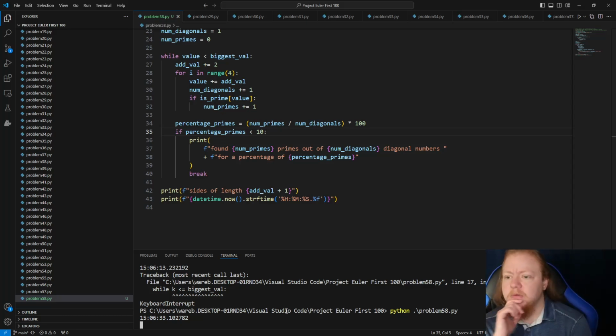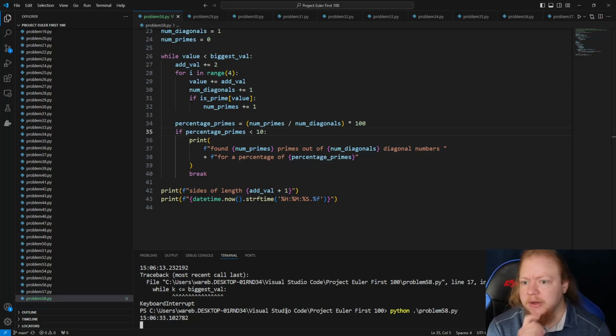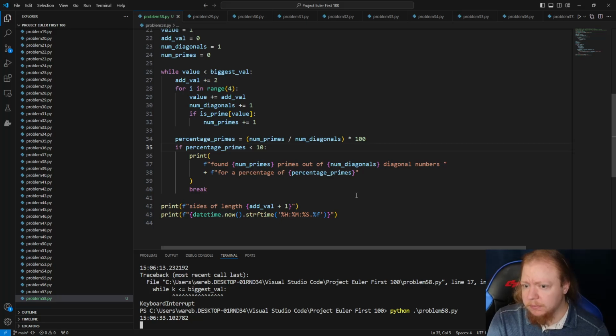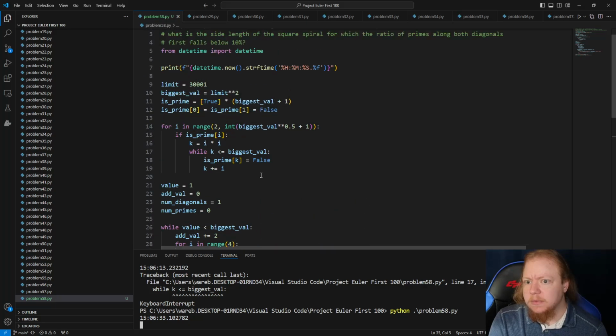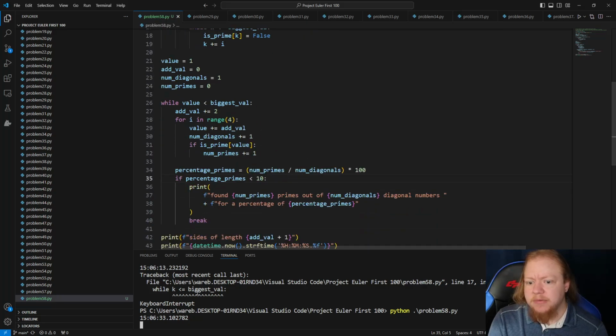Just letting it run for a couple of minutes while I think here. Because obviously it's taking too long to run. We want to find a way to maximize this.